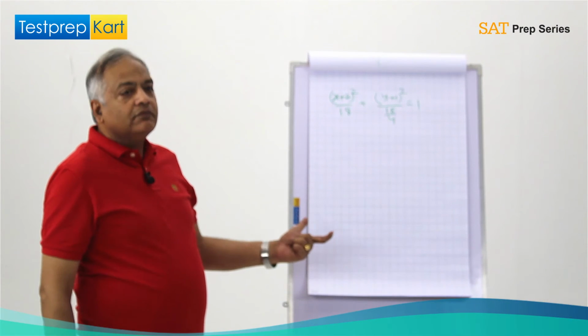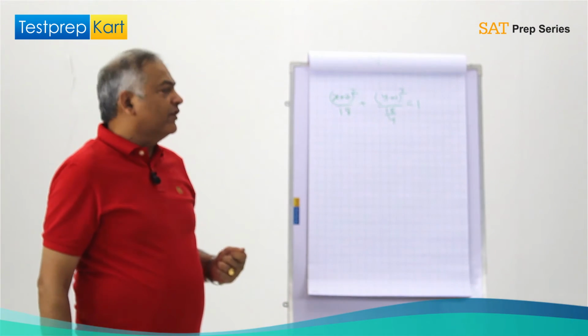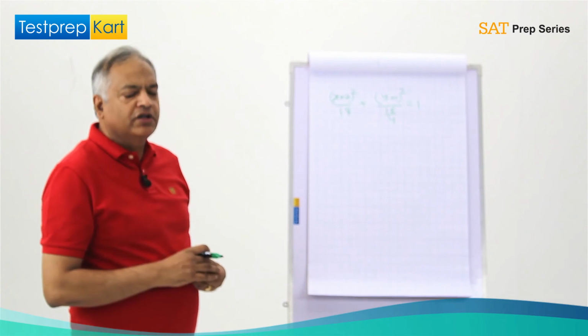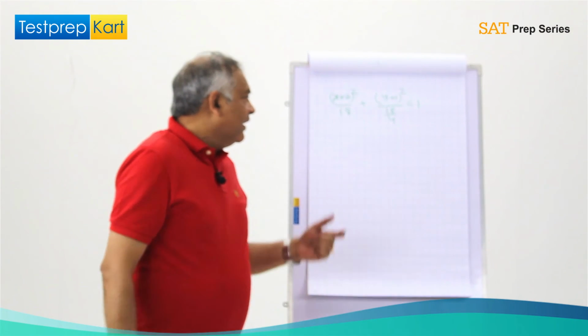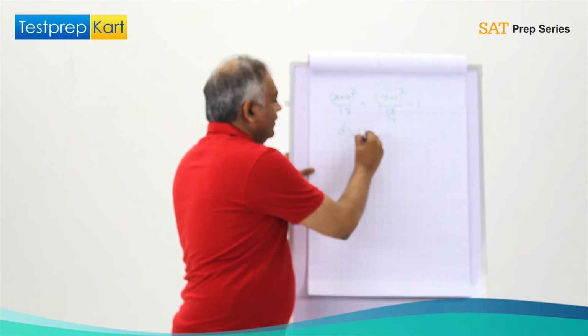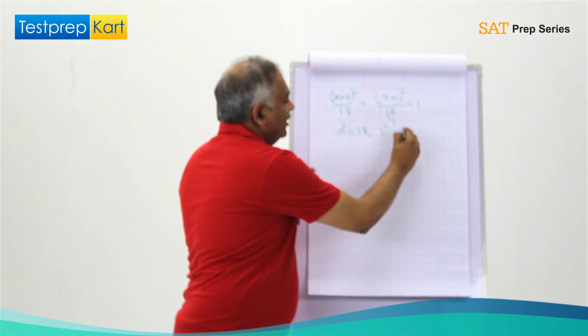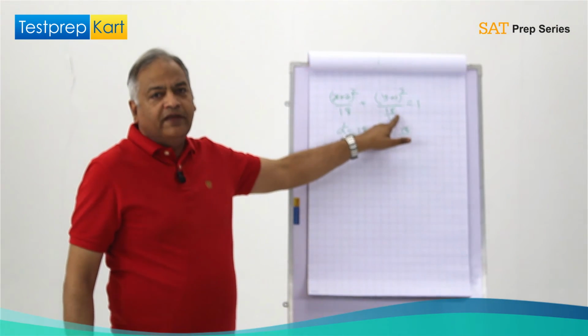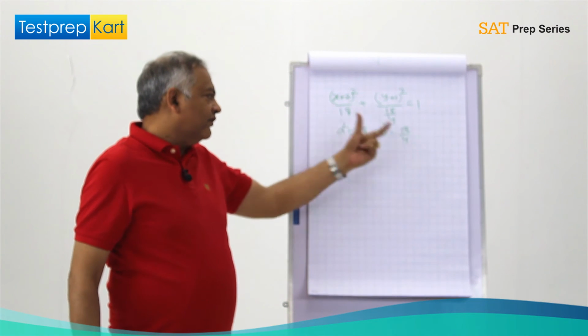Now here, what is the length of the major axis and what is the length of the minor axis? That's quite a common question in the competition. And here you can see that a square is 18 and b square is 18 by 4, because 18 is greater than 18 by 4, and therefore a square is this and b square is this.